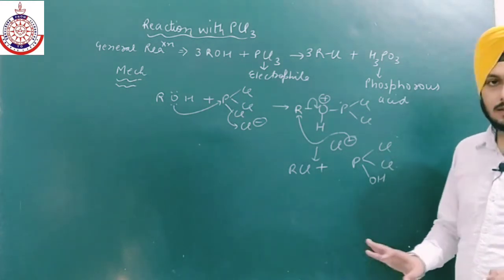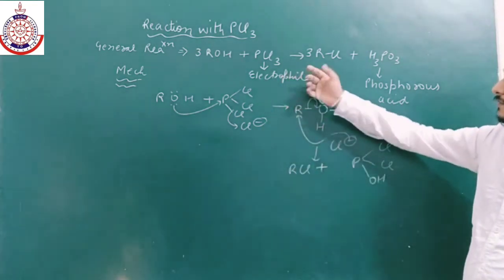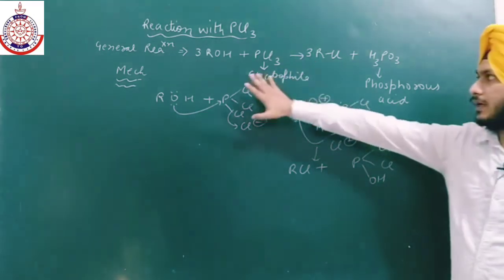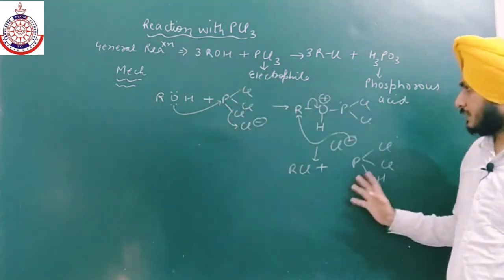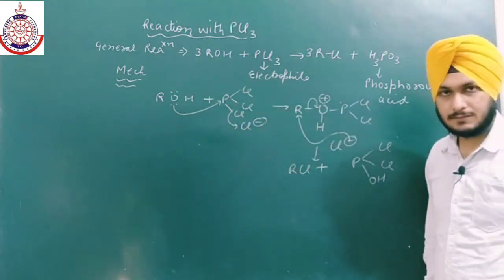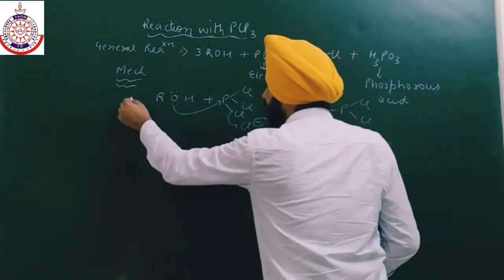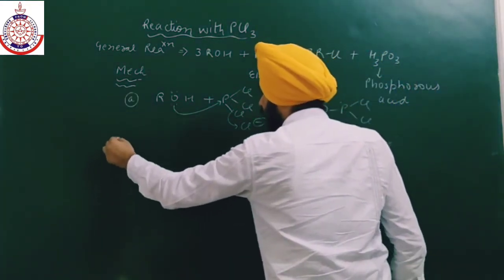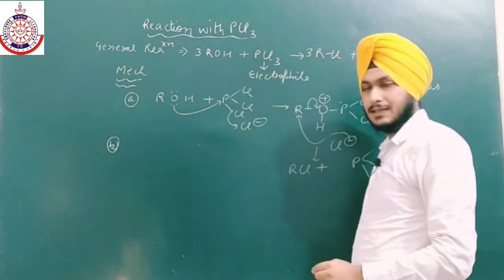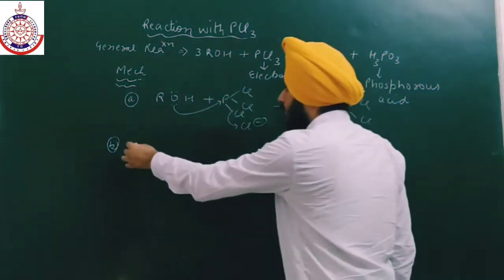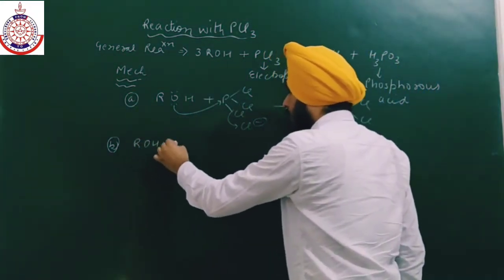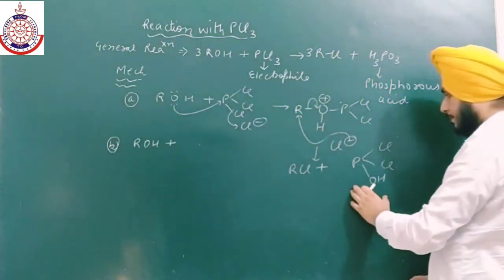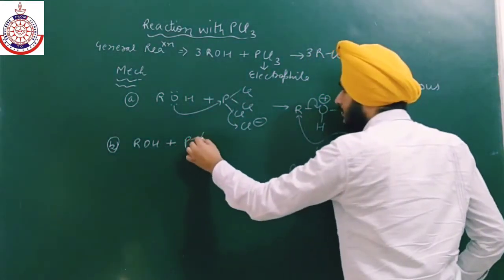But in the general reaction we need 3 RCl and we have 3 ROH, so this step occurs 2 more times. We have the same step, and we have ROH again, and we are left with P, Cl, Cl and OH.